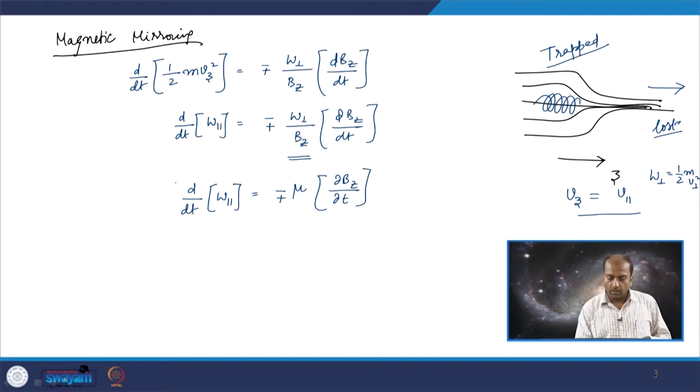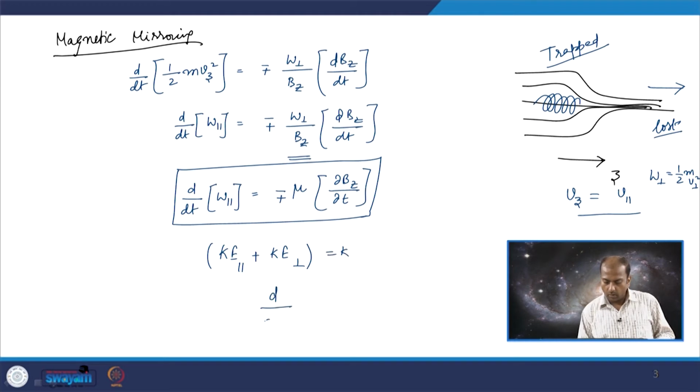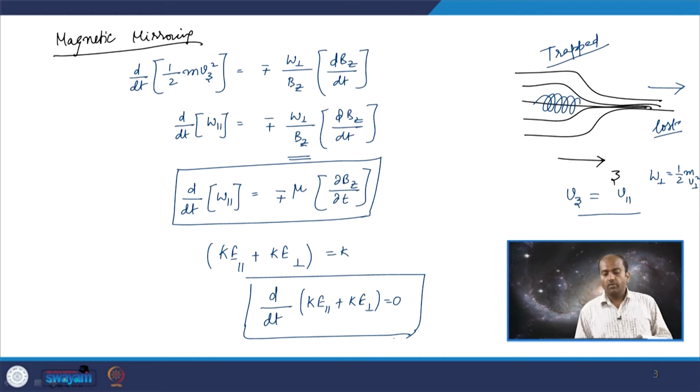At all times, the total energy must remain conserved. That means the sum of parallel plus perpendicular kinetic energy should remain constant, or the rate of change of total kinetic energy should be 0. So, we will exploit this energy conservation to see how, in order to keep the magnetic moment constant, the particle gets trapped.